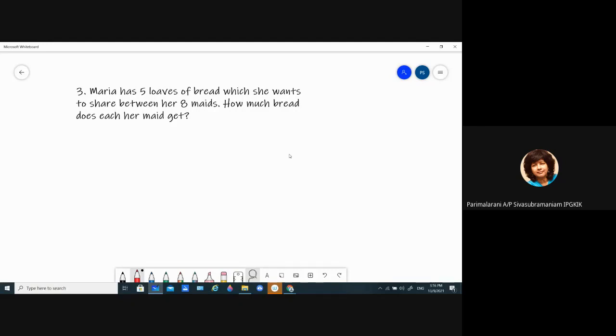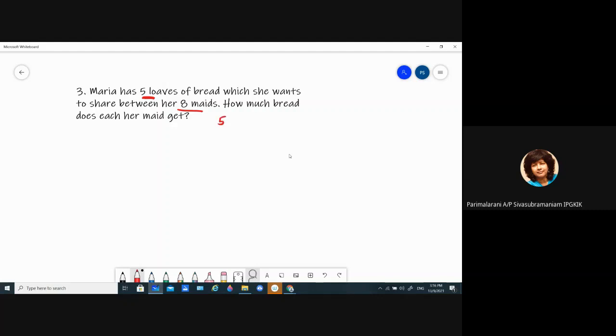She has 5 loaves. She wants to share between her 8 mates. So how much does each one get?